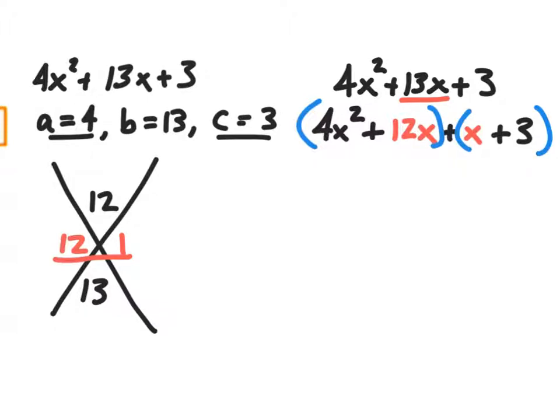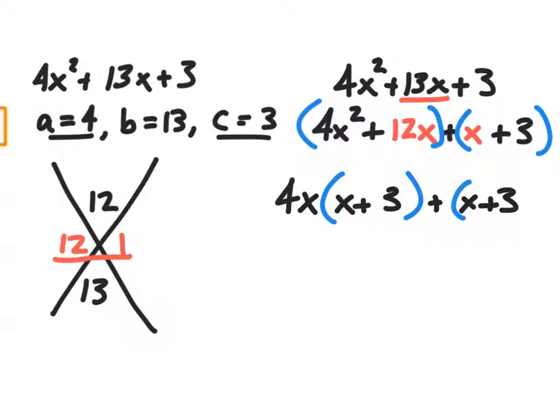Okay, so I'm going to say, if I factor out a 4x, then I'm left with just a single x plus 3. Okay, and that's a good thing because that's what I've got over here. Okay, so then I've got plus the quantity x plus 3. And now I have that common x plus 3 term that I can then factor out.